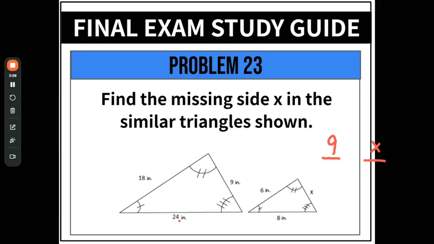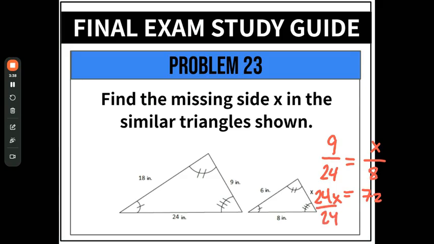And then I'm just going to choose these two sides, and they're also proportionate. So I'm going to put them both on the bottom, 24 and 8. And I'm going to set them equal to each other. Now we can solve for x to solve for the missing side. So to do that, we can cross multiply. 8 times 9 gives me 72. 24 times x gives me 24x.